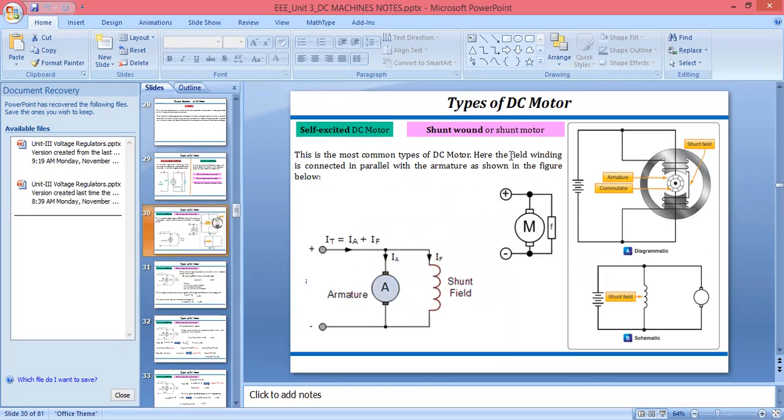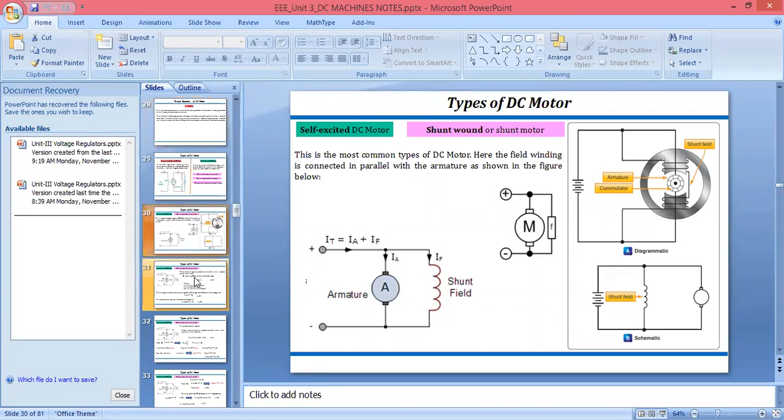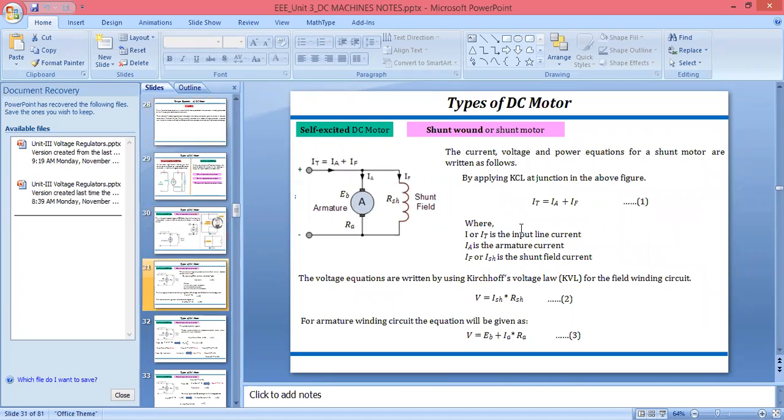So here we can see the self-excited, in which we give power supply to the DC motor and the armature winding gives power to the field winding. This is the construction diagram for the self-excited DC motor. Then we have studied how to derive the equations for the current, power and the voltage. By using KCL, we can get the equations for current.